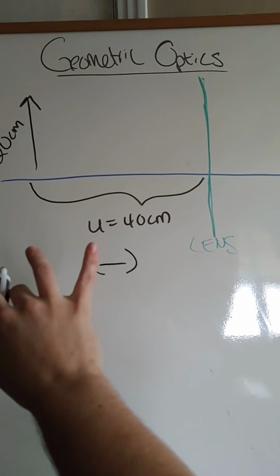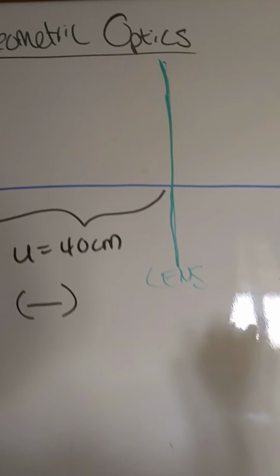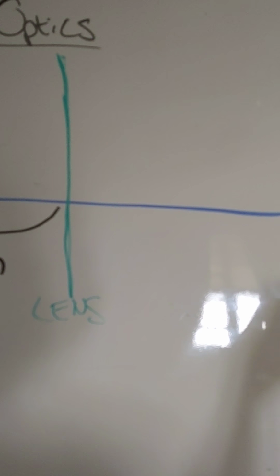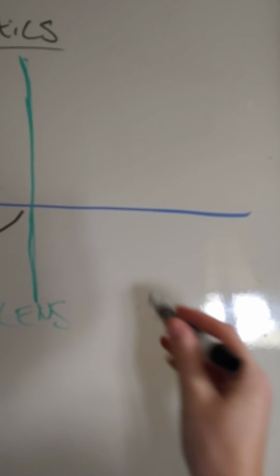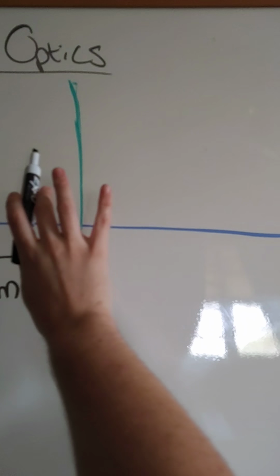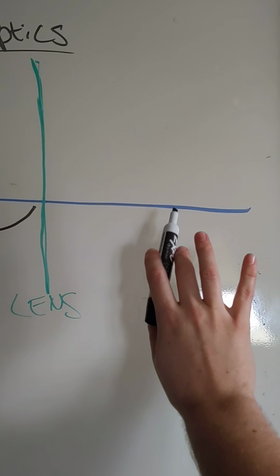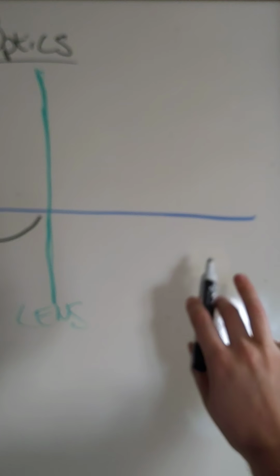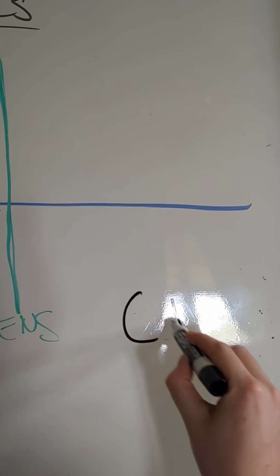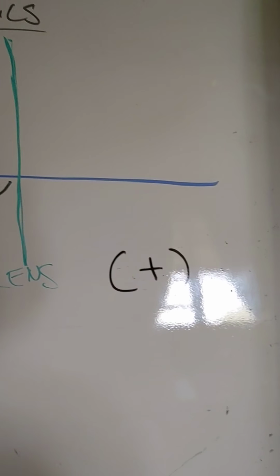The left side is negative, okay? And then off to the right, once light has passed through the lens, either at a focal point or wherever it's going, it's going to be a positive distance.